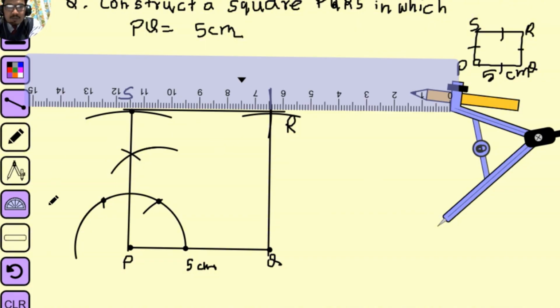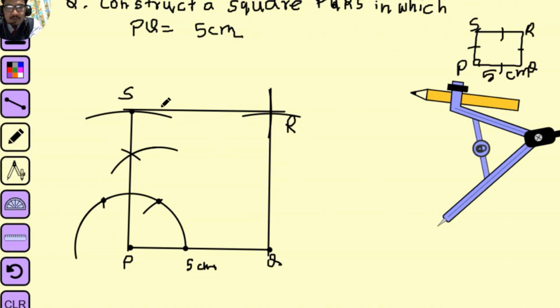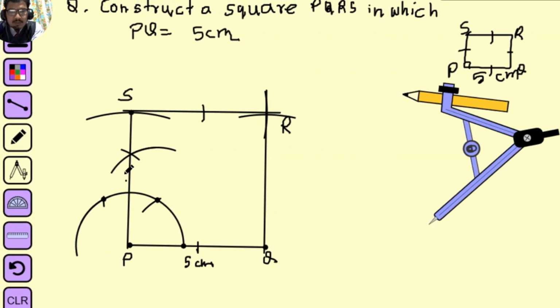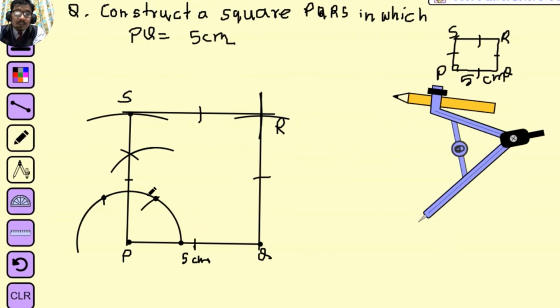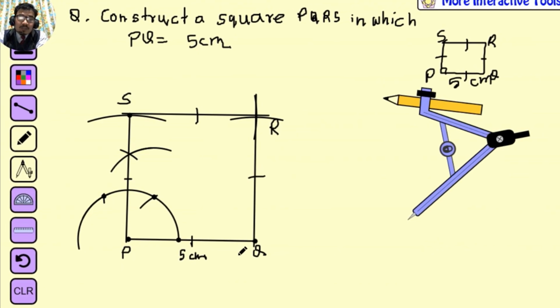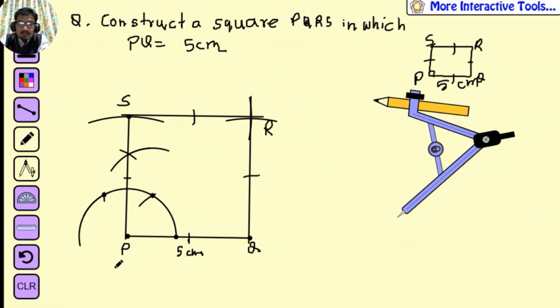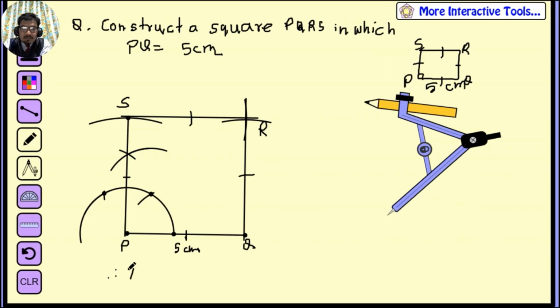Then we got PQRS. These all sides are equal in length. This is the process to construct the square. Therefore, we can write PQRS is the required square.